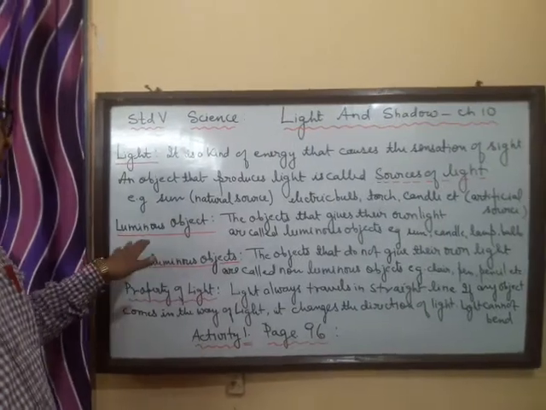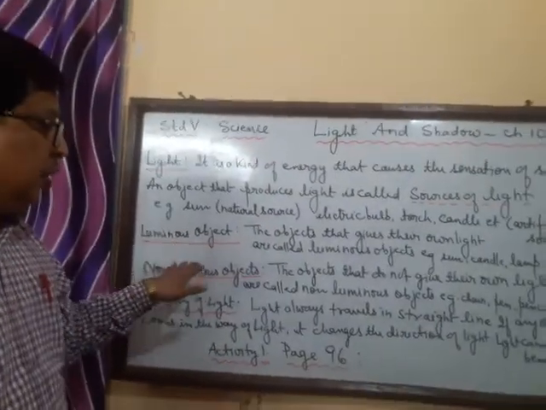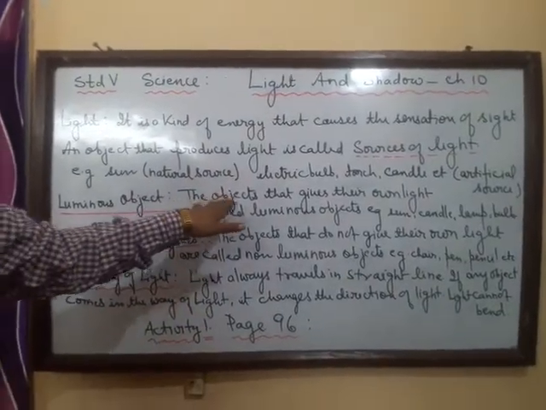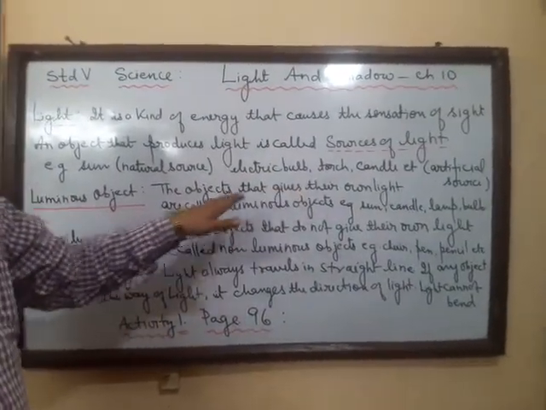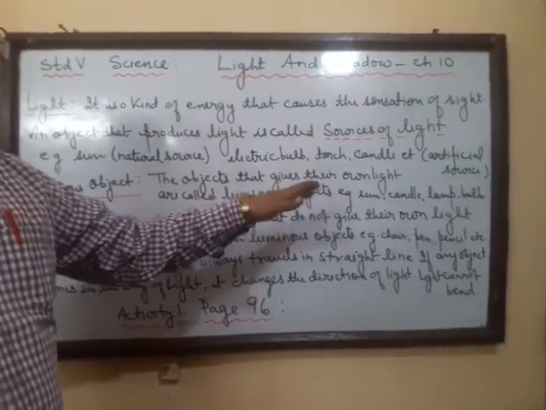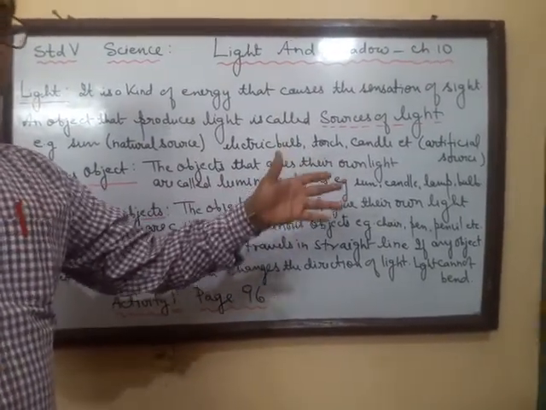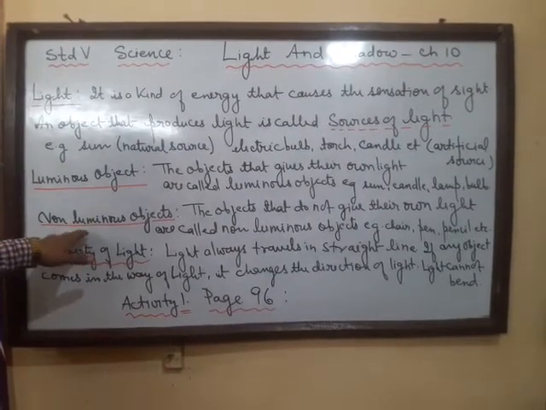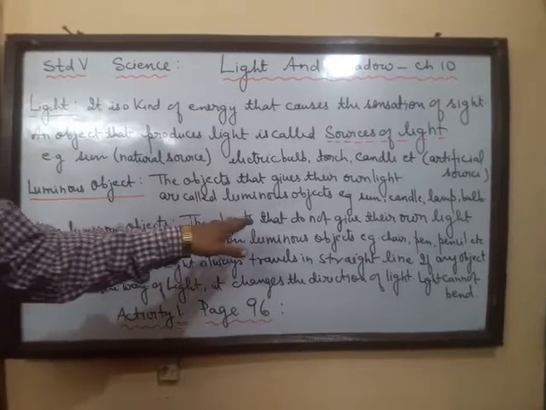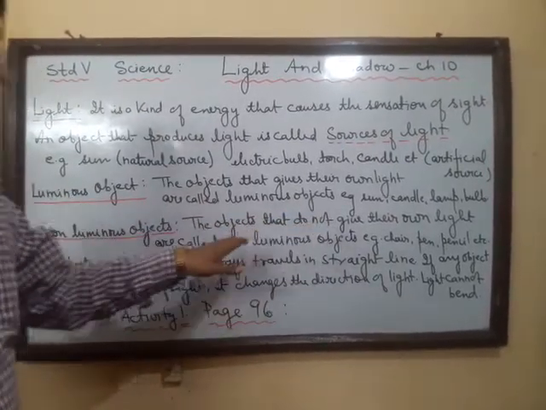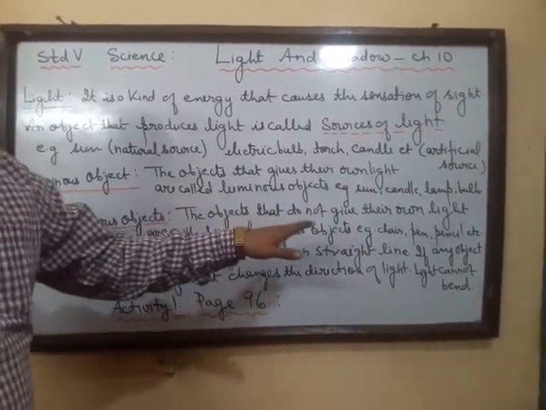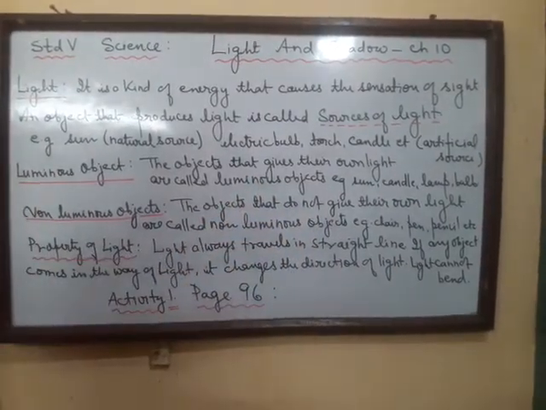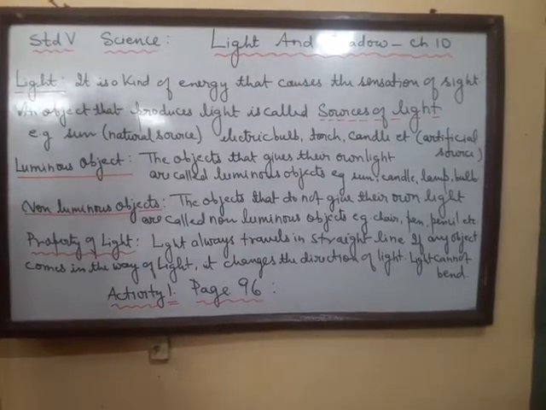Now based on that we have luminous objects and non-luminous objects. Luminous objects, the objects that give their own light, are called luminous objects. Sun, candle, lamp, bulb, these are all luminous objects. And non-luminous objects, the objects that do not give their own light, are called non-luminous objects. Example, chair, pen, pencil, wall, these are non-luminous objects.